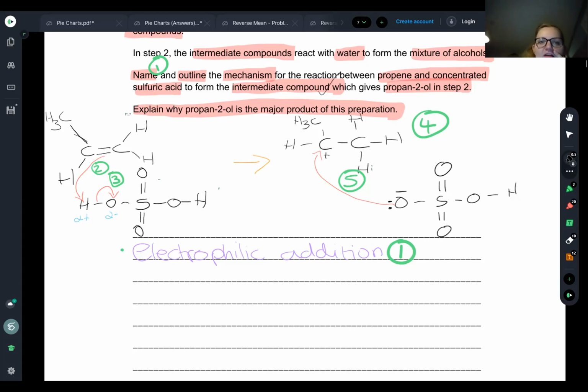Then the final part of that is explain why propan-2-ol is the major product of this preparation. So let's have a quick look then.